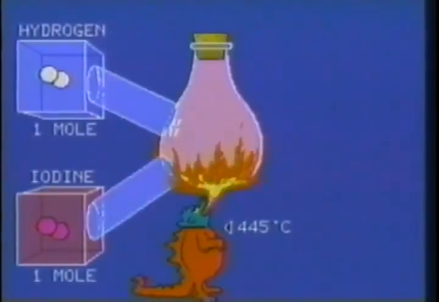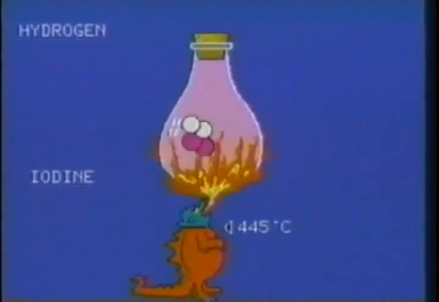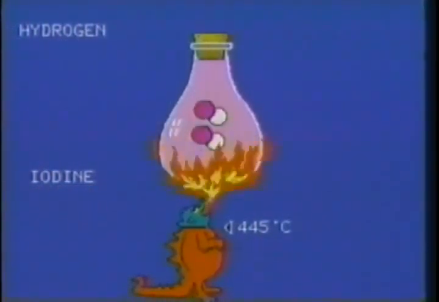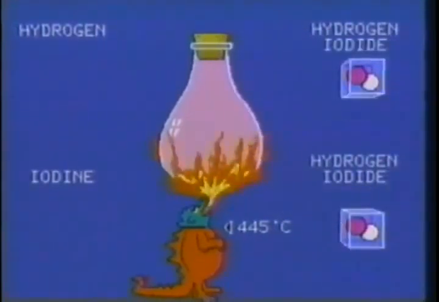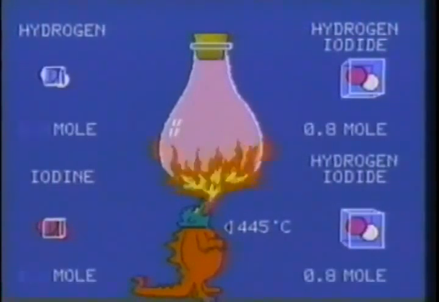Balancing the equation, we would expect the reaction to produce 2 moles of hydrogen iodide. On analysis, however, the flask actually contains only 1.6 moles of hydrogen iodide, 0.2 moles of hydrogen, and 0.2 moles of iodine.